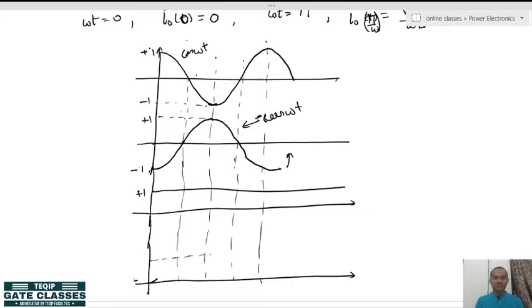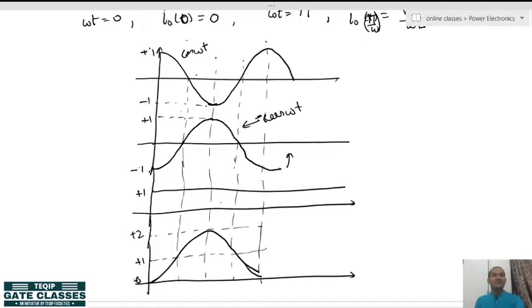This is +1, this is +2, and this is 0. It is a cosine wave, but it will go like this. Alright, this is how the curve will be plotted.